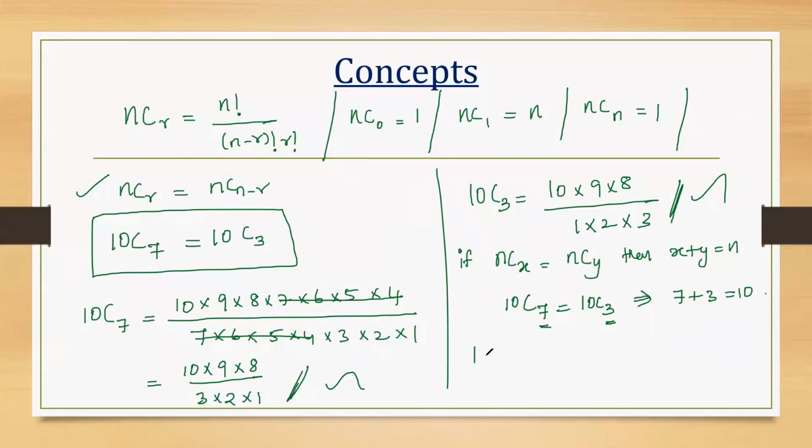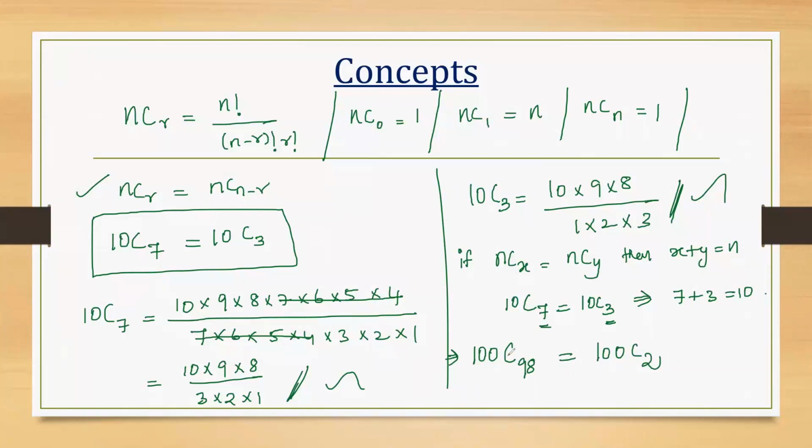For example, if you want to find the value of 100C98, from 100 to 98 you have to write till 98, right? Instead of 100C98, shall I write 100C2? Both are right. Instead of finding 100C98, can we go for 100C2?